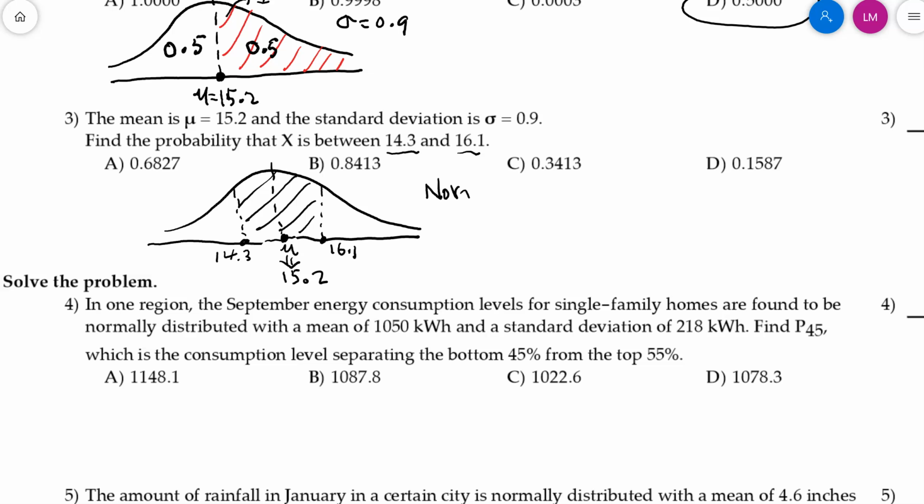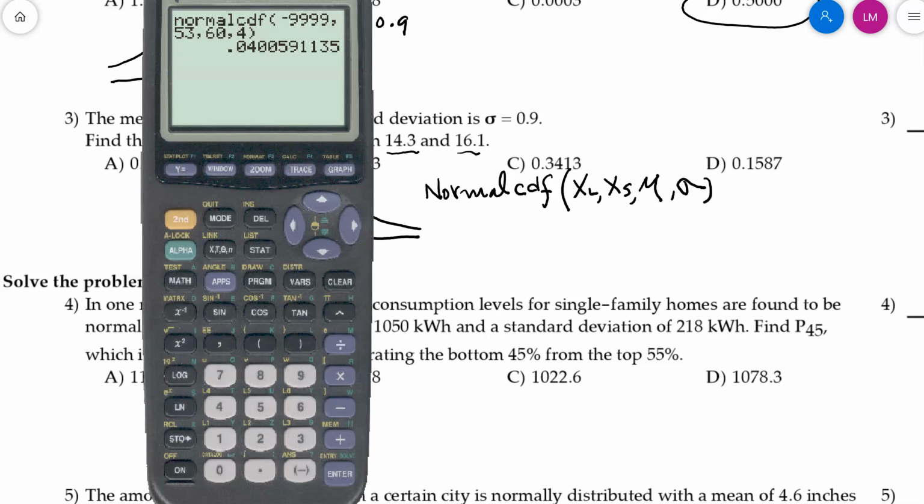So again, what do we use? Normal CDF, and then x small, x large, the mu, and then sigma, remember? So you put the calculator out.